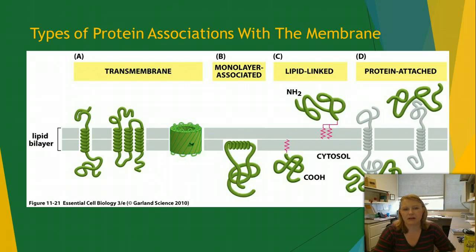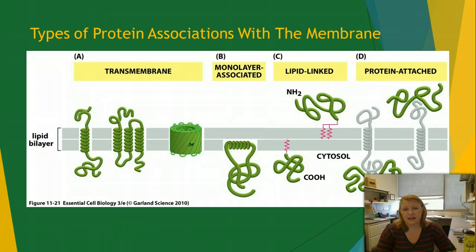We then have monolayer associated ones. These are proteins that are only associated with either the inside or the outside of the cell, but don't span the whole membrane. So it's just stuck on one side or the other. And then the last two are ones that are attached to the membrane in some way, shape, or form. We have lipid linked. These are proteins that are attached to a lipid within the cell membrane.